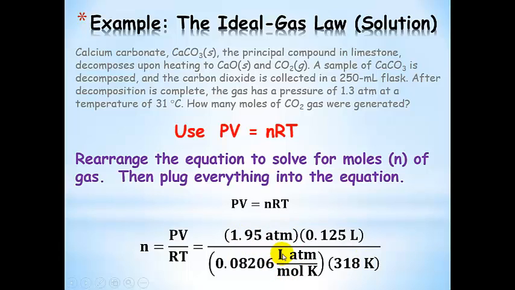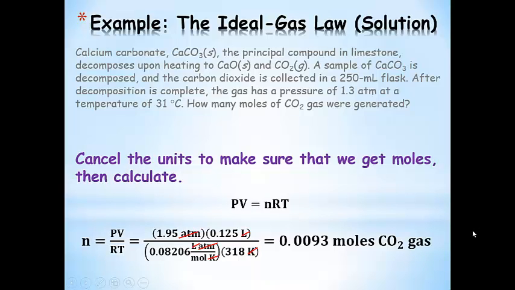We're looking for moles: liters, liters, Kelvin, Kelvin. Everything looks pretty good. Canceling out all of our units, you can see that we end up with moles. When we do the math, multiplying on top and dividing by these two multiplied together, we get 0.0093 moles of carbon dioxide gas.